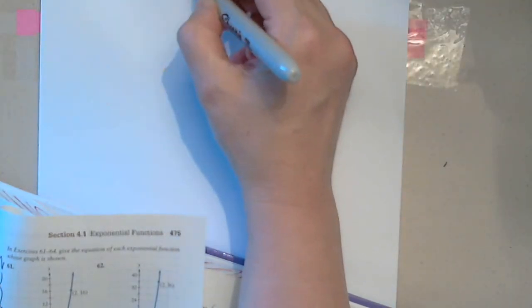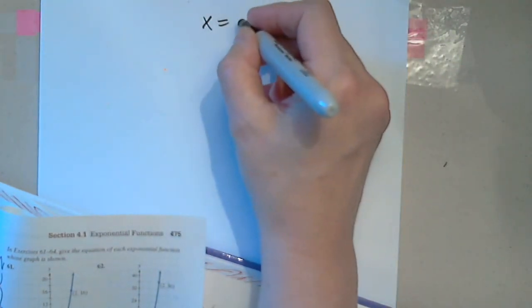They say about 1,000 kilograms of radioactive cesium-137, that's the name of the radioactive substance, was released into the atmosphere. And they're giving us a function that is 1,000 times 0.5 raised to x divided by 30.